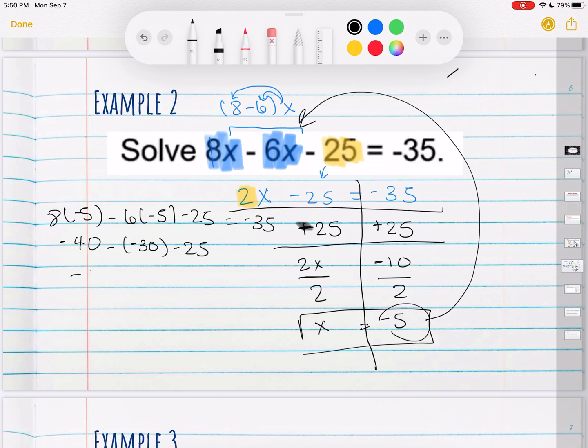So that's negative 40. Well, minus a negative is the same as plus 30, minus 25. So negative 40 plus 30 is negative 10. Drop down the minus 25. And negative 10 minus 25 is minus 35. And that equals what I wanted it to equal. So we are good.